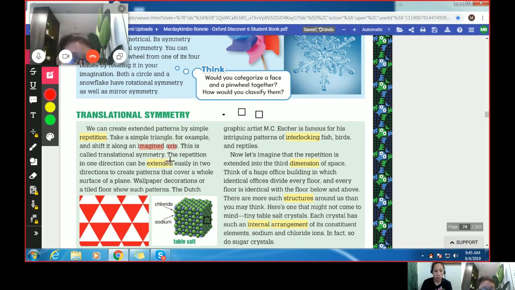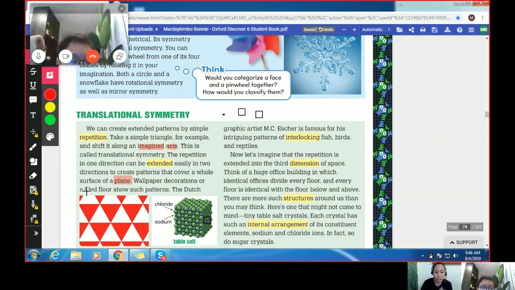The repetition in one direction can be extended easily in two directions to create patterns that cover a whole surface of a plane. Wallpaper, decorations, or a tiled floor show such patterns.